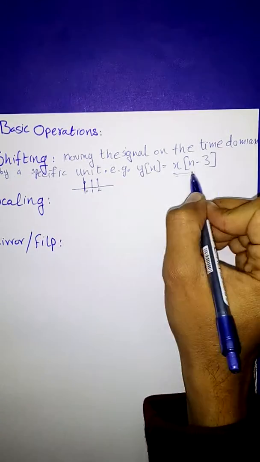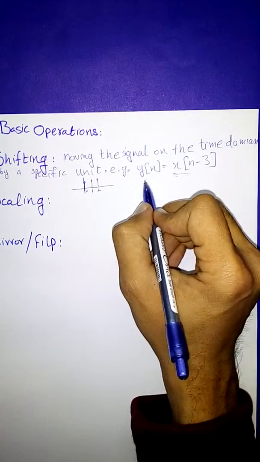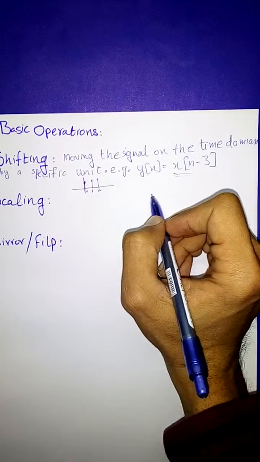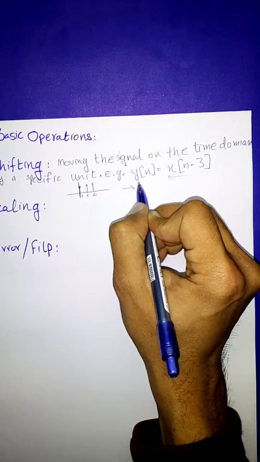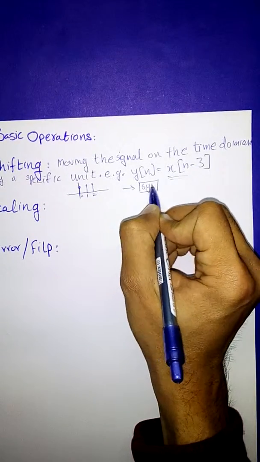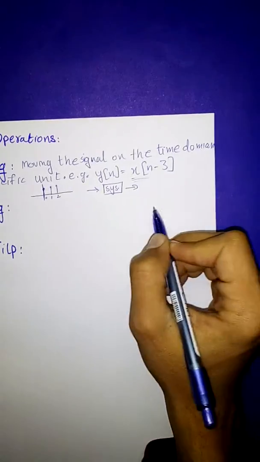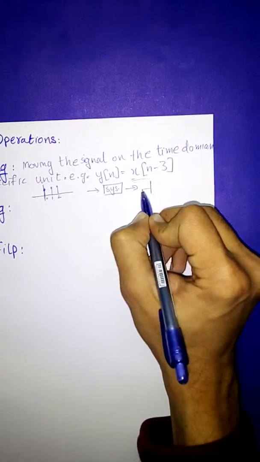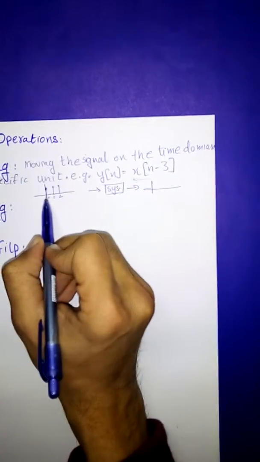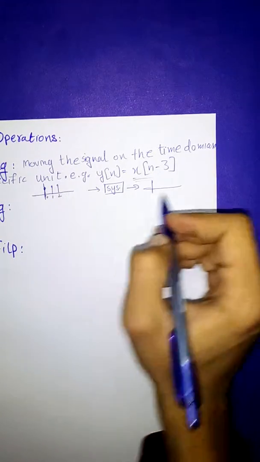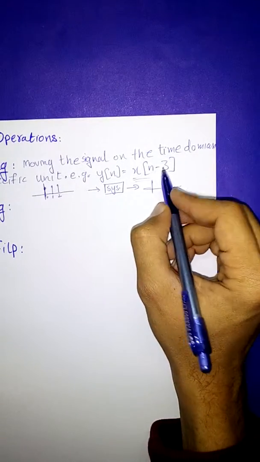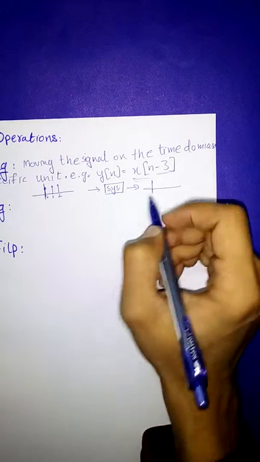Now when we apply y of n, when the signal passes to the system, a delay will be added. So in order to delay, we will have to move this to the right hand side by 3 units.